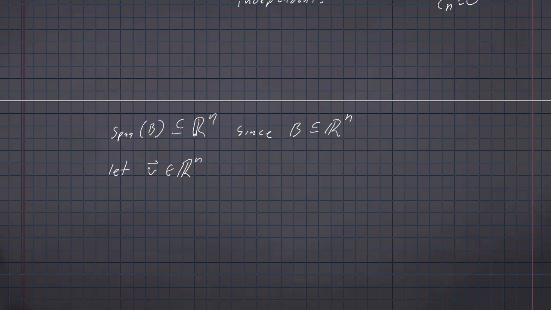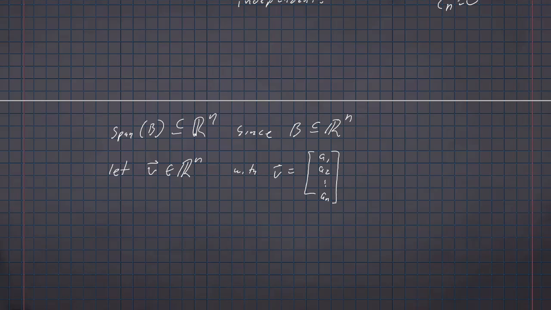Let vector little v be in Rn. And we know the definition of Rn. We can write little v as A1, A2 down through An.